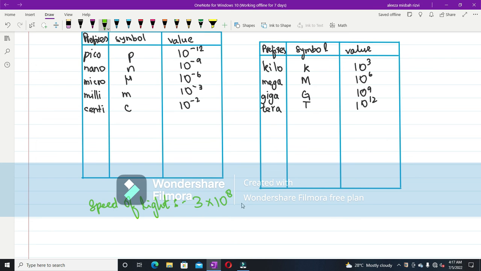As it is the speed, its SI unit will be meter per second, but the latest notation is m s minus 1. They both are the same, whether you write meter per second or m s minus 1, it means the same.